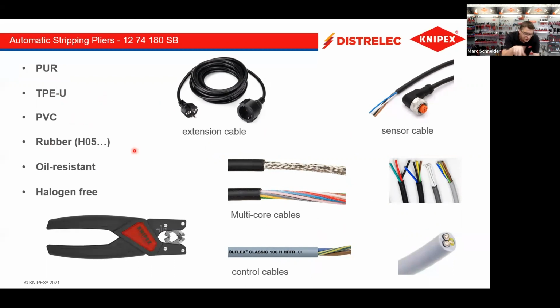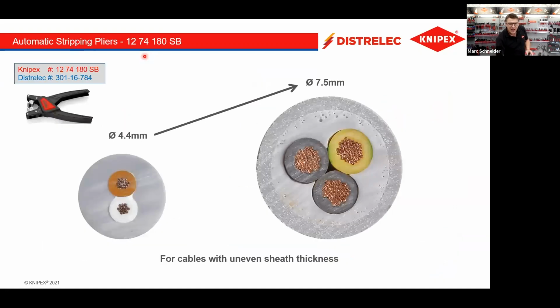These are the H05 cables, oil resistant and halogen-free material. For all these different types of multi-core cables, you can use the 12-7480. It goes from outside diameter 4.4 millimeter to 7.5 millimeter, also for cables with an uneven sheath thickness.